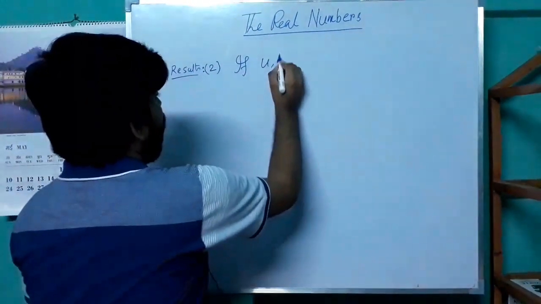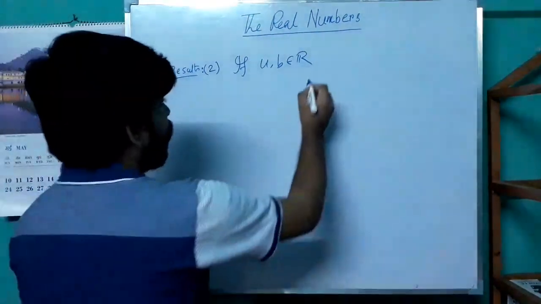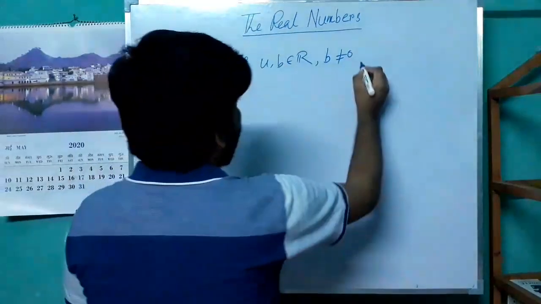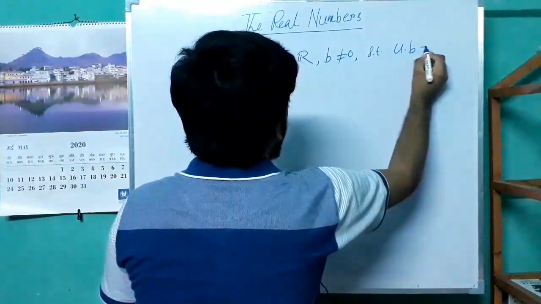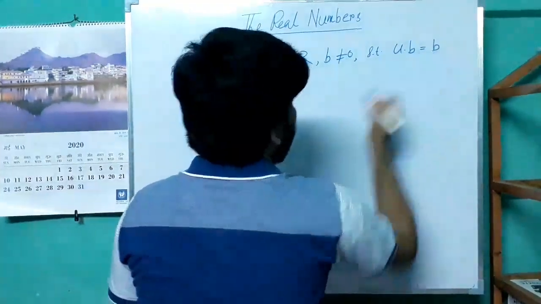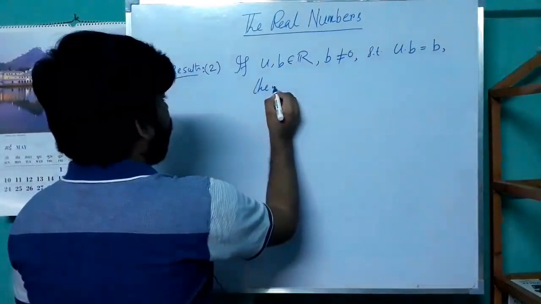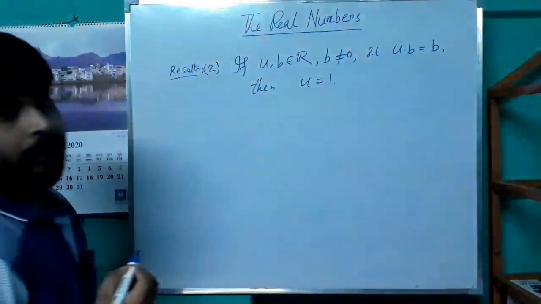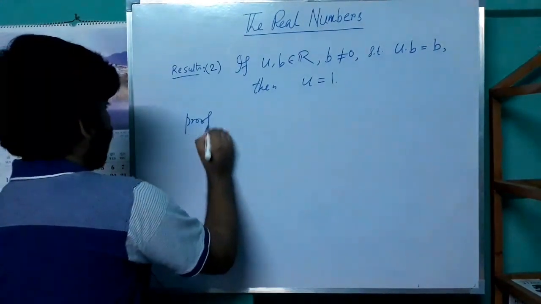So result 2: if U and B are two real numbers with B not equal to 0 such that U dot B equal to B, then U equal to 1. So the proof of this result.